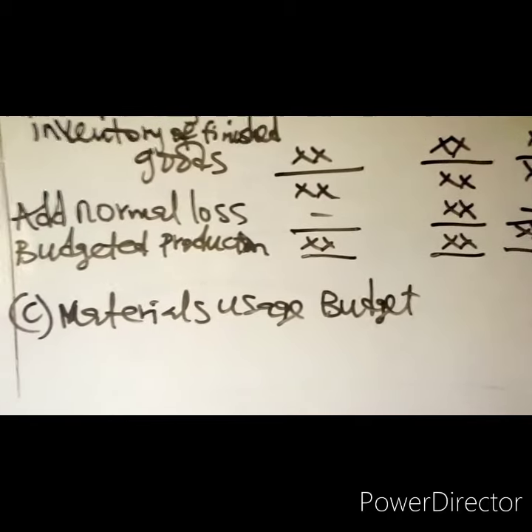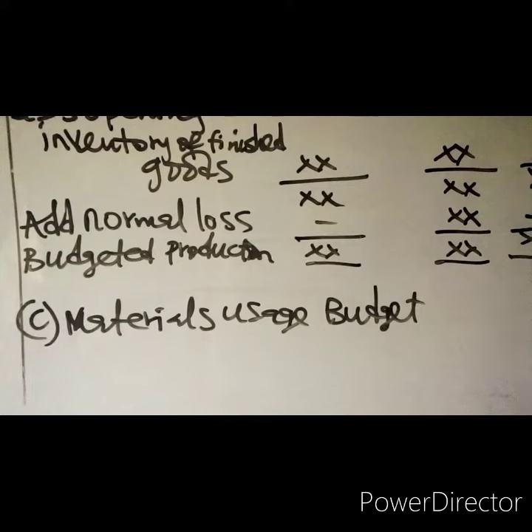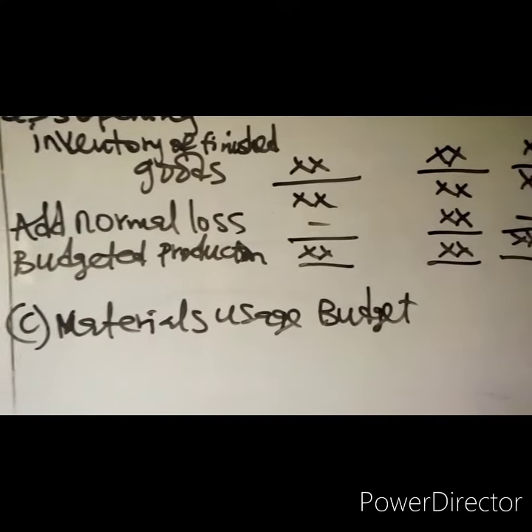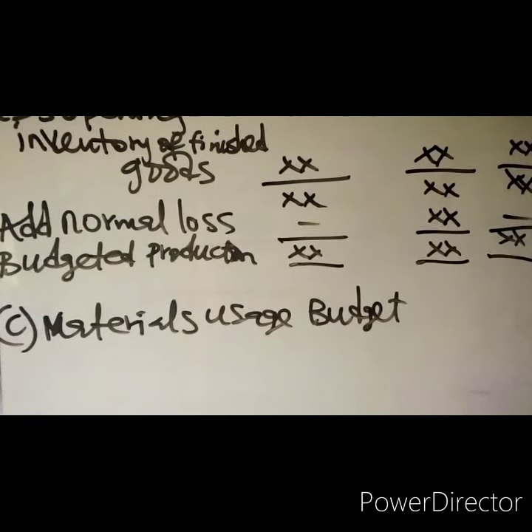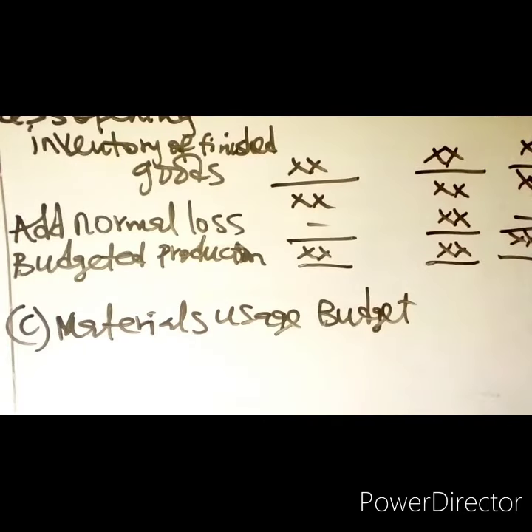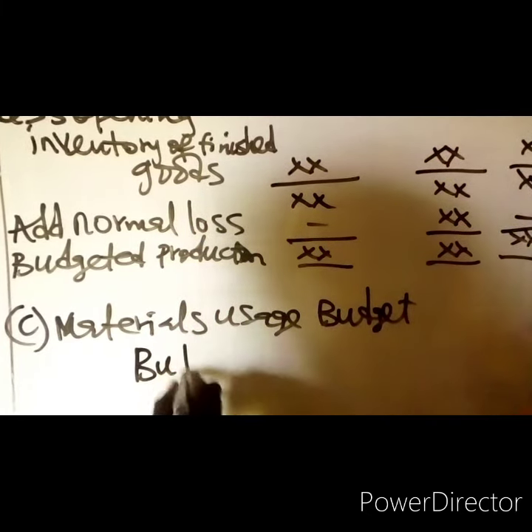Material usage budget shows the expected or budgeted usage of materials. The quantity of material you budget to use for the coming accounting period is said to be the material usage budget. So material usage budget will be budgeted usage in quantity.